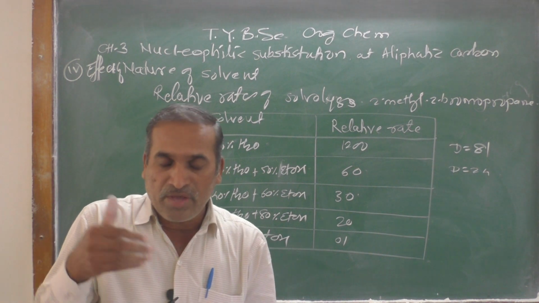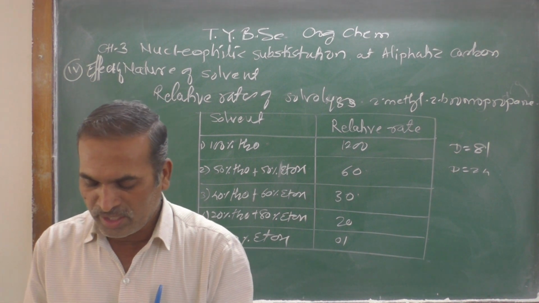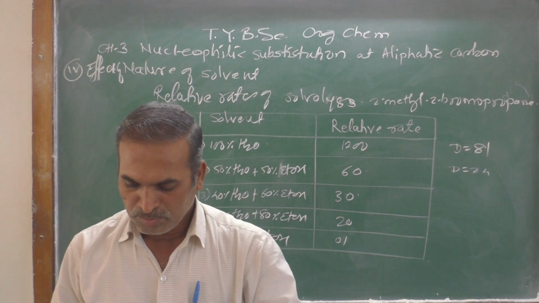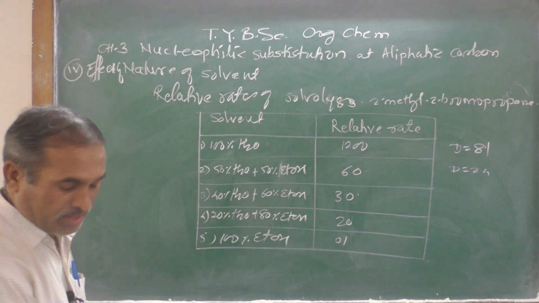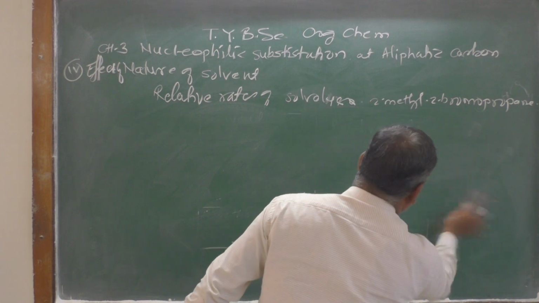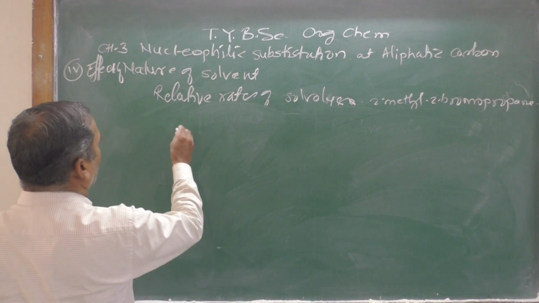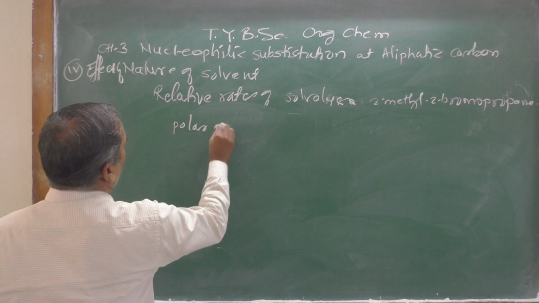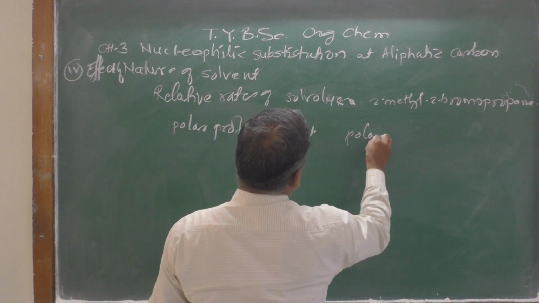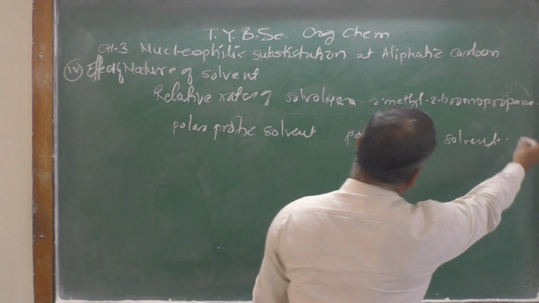Now, the rate of SN2 reaction generally decreases with increase in solvent polarity in a polar protic solvent. And you know that there are two types of solvent again, polar protic solvent and polar aprotic solvent. Remember here, polar protic solvent and polar aprotic solvent.